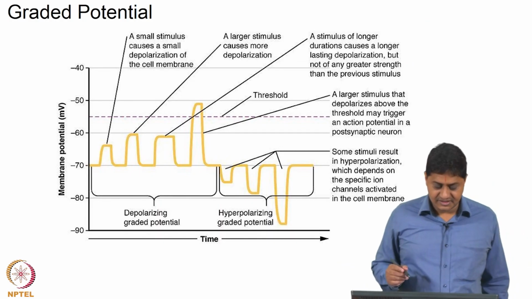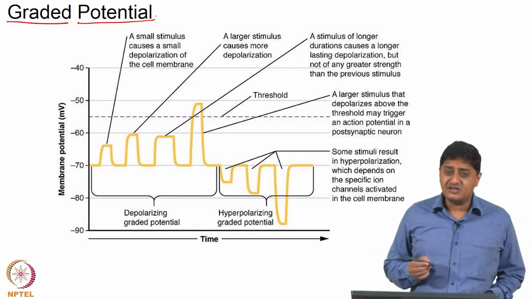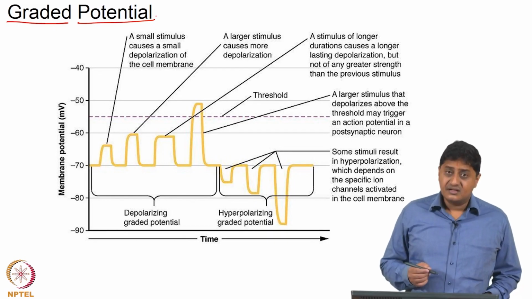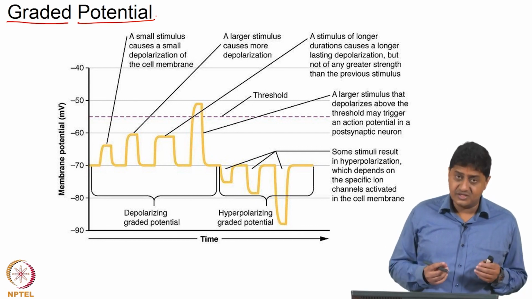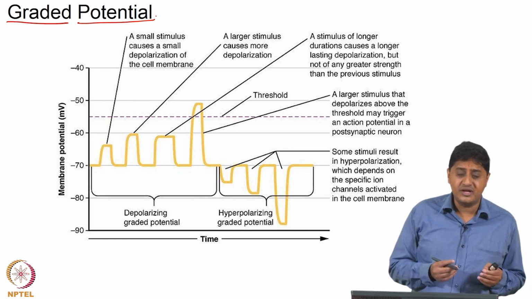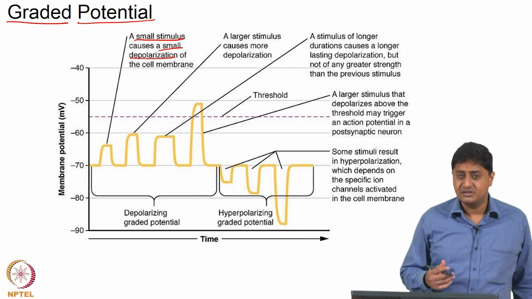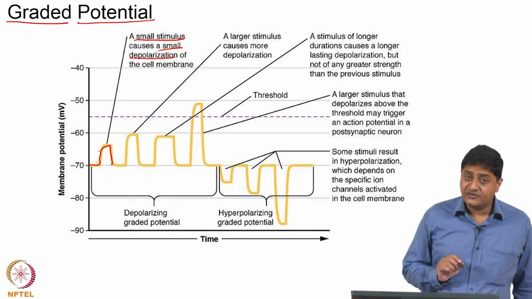Here we are discussing graded potential. Suppose there is a small stimulus of some kind and this stimulus causes a small amount of depolarization. That means this stimulus causes a small amount of sodium to enter inside. Why is this happening?